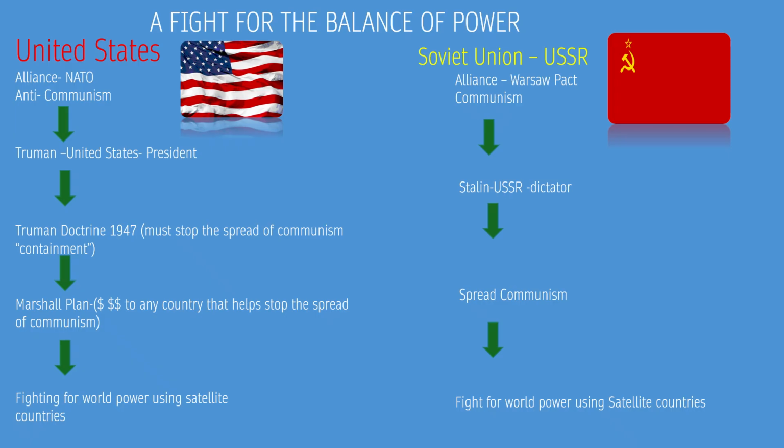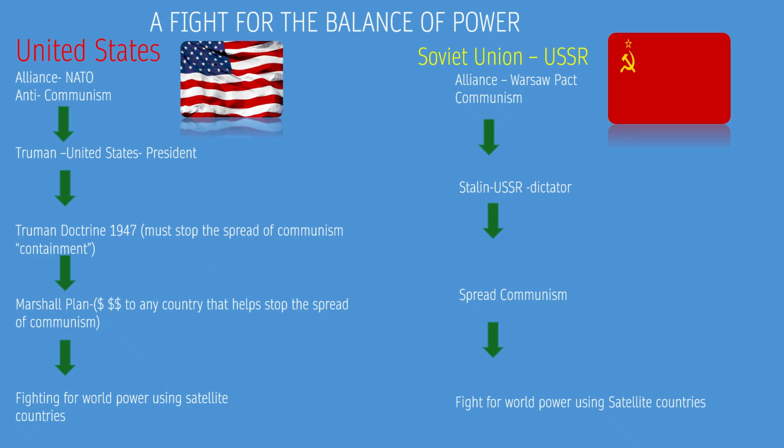We're going to stop the spread of communism. And how we're going to do that is we're going to use the Marshall Plan to pay money to any country that is going to help stop the spread of communism and not let communism into their country. And our overall plan is our team members are going to be all different little satellite countries, and that's who we're going to use to play our game with.